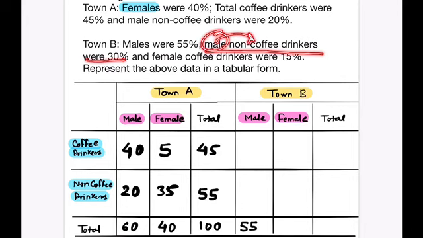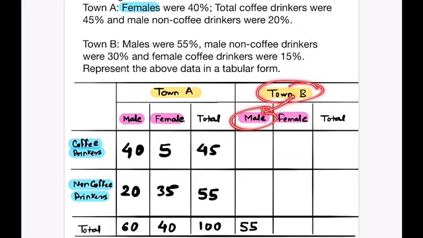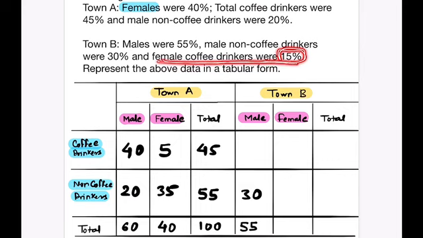We need to put this here. Male non-coffee drinkers 30%. And female coffee drinkers were 15%. Town B, female coffee drinkers were 15%.